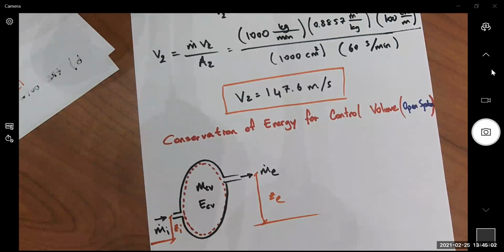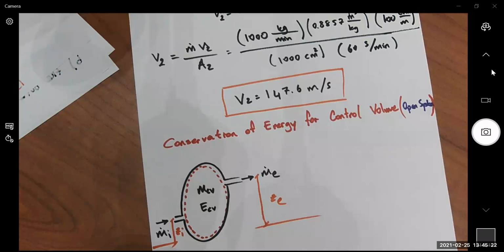It might be negligible, it might be small compared to other terms in the problem, but we should be aware of that. We have potential energy. And we also have kinetic energy because of velocity, because the fluid is moving with a certain speed.